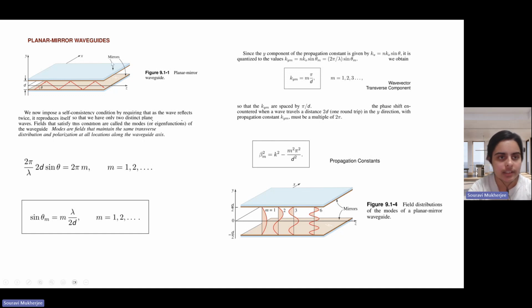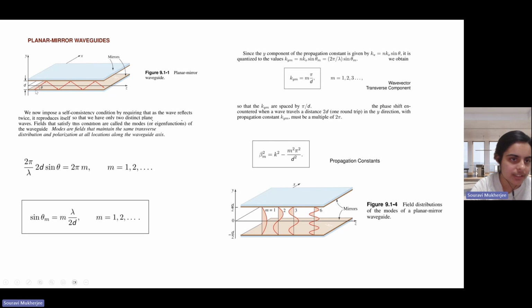Today we will first discuss the planar mirror waveguides. Basically, what you have here are two mirrors. You can consider them as mirrors because they will reflect. We'll consider that the waves that pass through this region get reflected at these two surfaces.